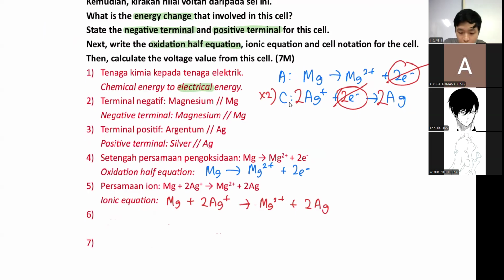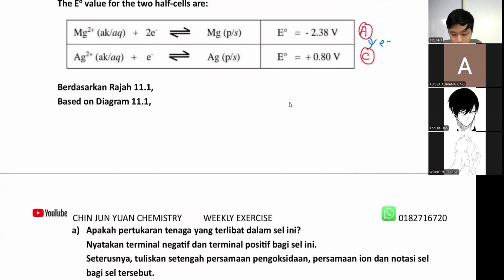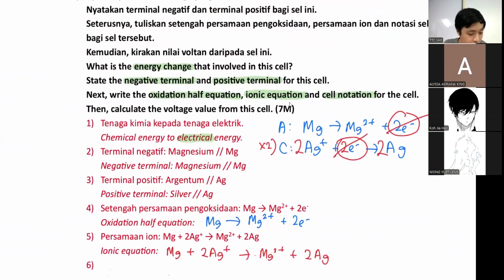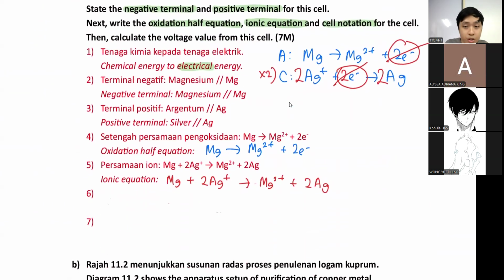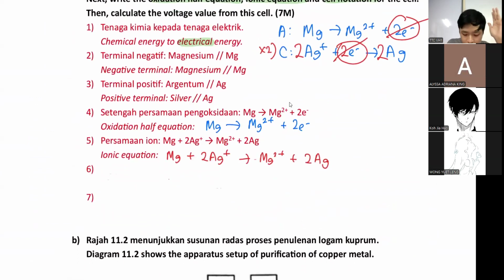Cell notation first. Again, they didn't give the concentration, so you just write the anode part first. Mg solid.